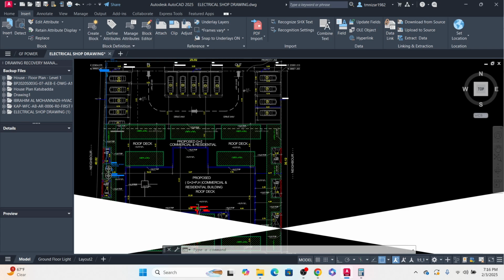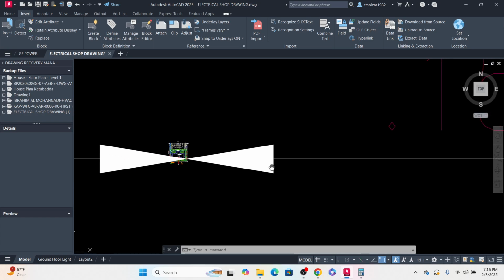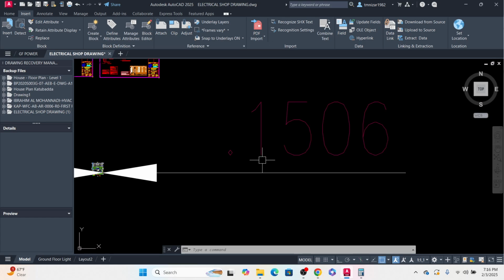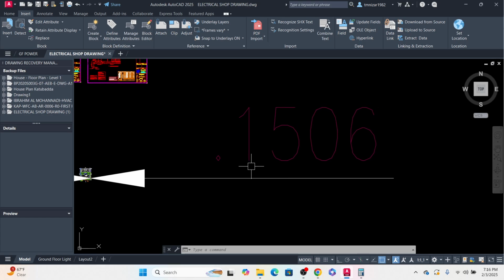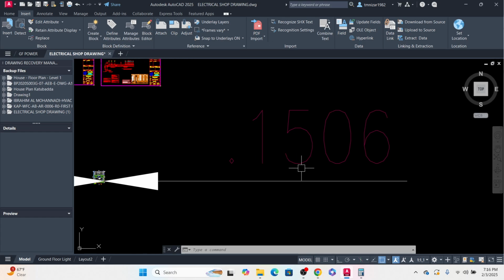Same with the door. If you see the door, there is 900, 750. Normally a toilet door is 750. Something that is a standard amount or standard measurement. From that measurement you can divide. So now I know this wall is 200.